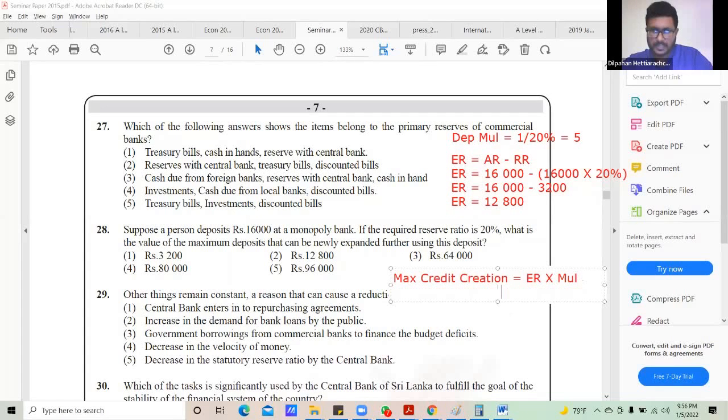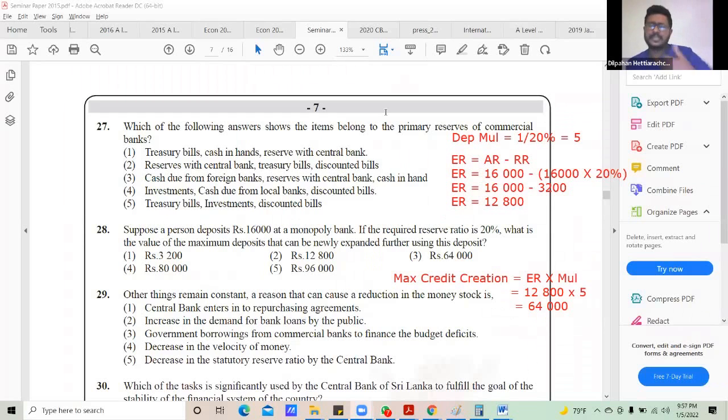So excess reserve how much? 12,800 into deposit multiplier, which is 5, and you can get the answer. 64,000 is the answer. Yes. So most of the people are correct. They gave me the answer as the third one. Third one is the correct answer. Right. Shabash. This time most of the people gave me the correct answer.